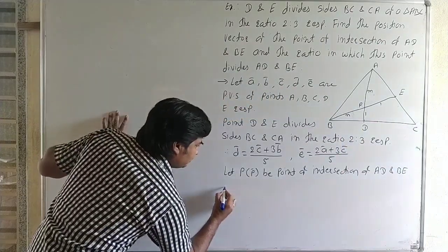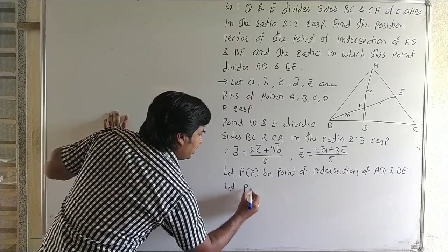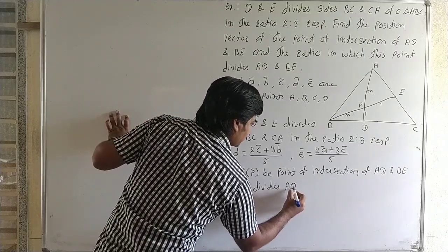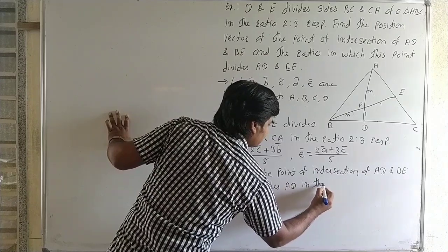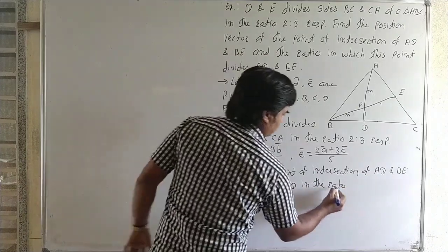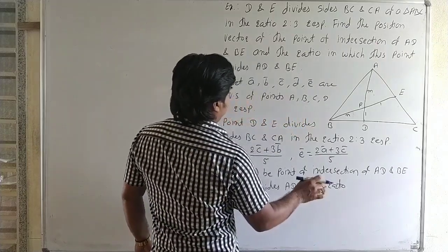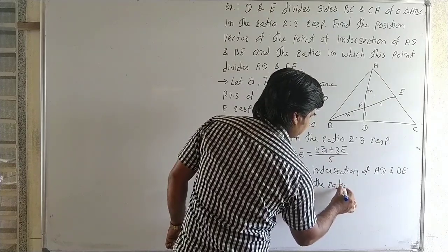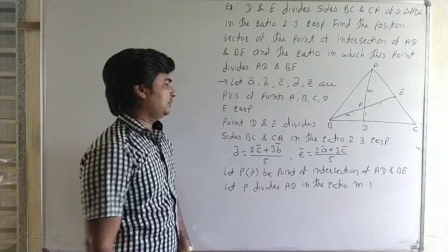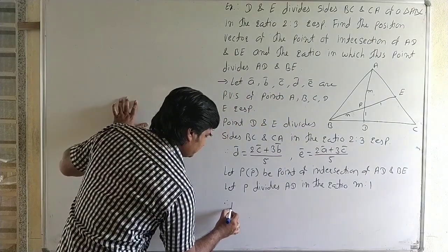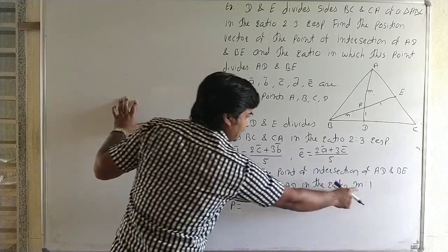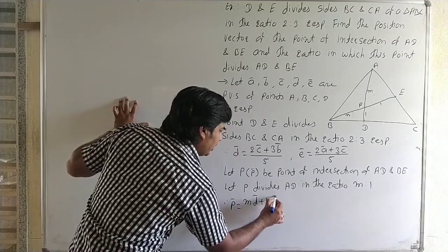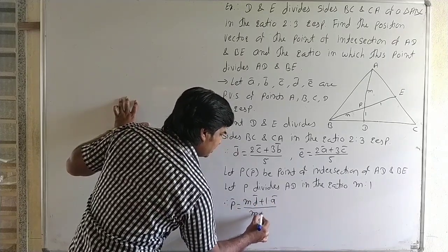Here let P divide AD in the ratio m:1. Therefore, P bar is equal to (m into D bar plus 1 into A bar) upon (m plus 1).